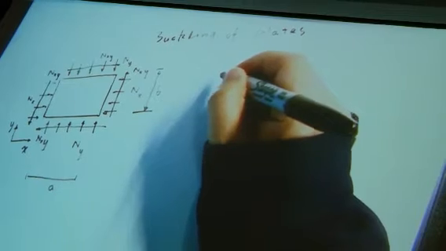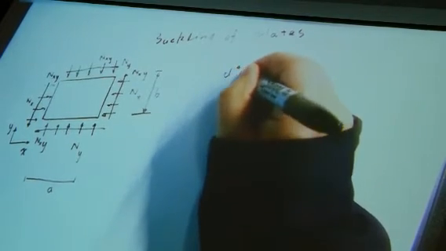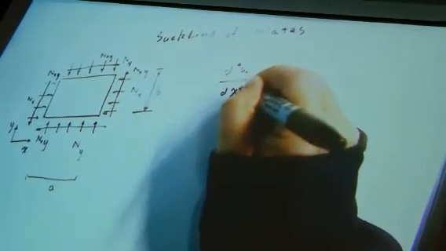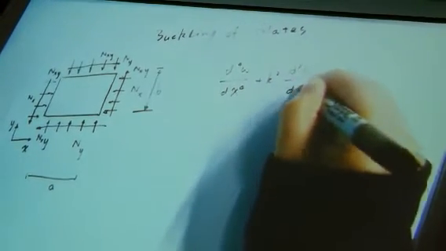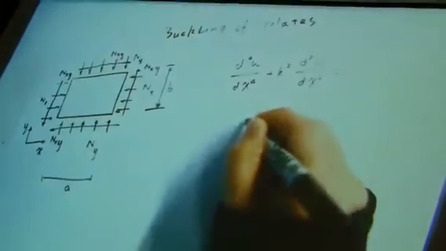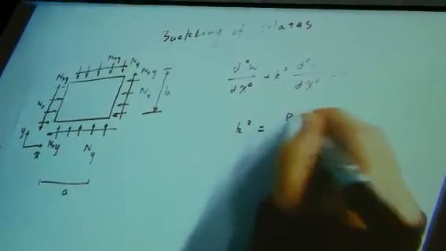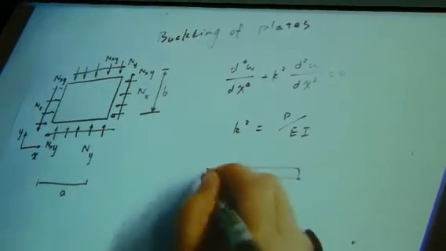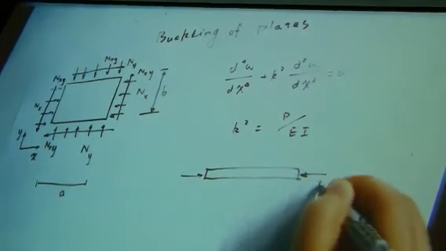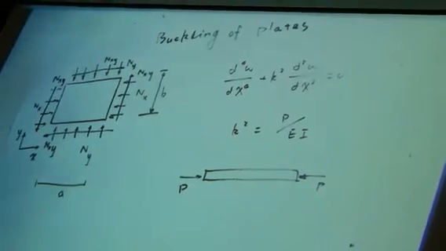The fourth order differential equation is this one: A squared B second order equals 0. K equals P divided by EI. This is the setup. This is what we have learned from the very beginning about the topic of buckling.